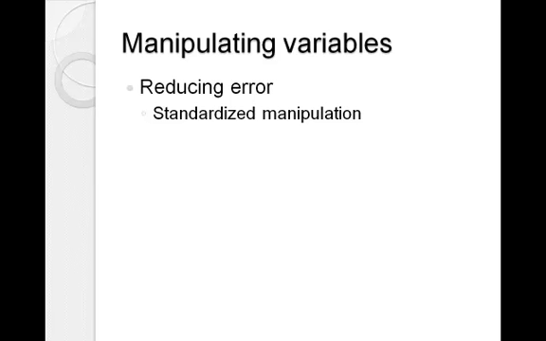Okay. The other thing, which we've already kind of talked about, is blinding. So blinding the experimenter to what condition people are in. Because, again, experimenters, even the most ethical and well-meaning experimenters, can inadvertently treat people differently based on what condition they're in.